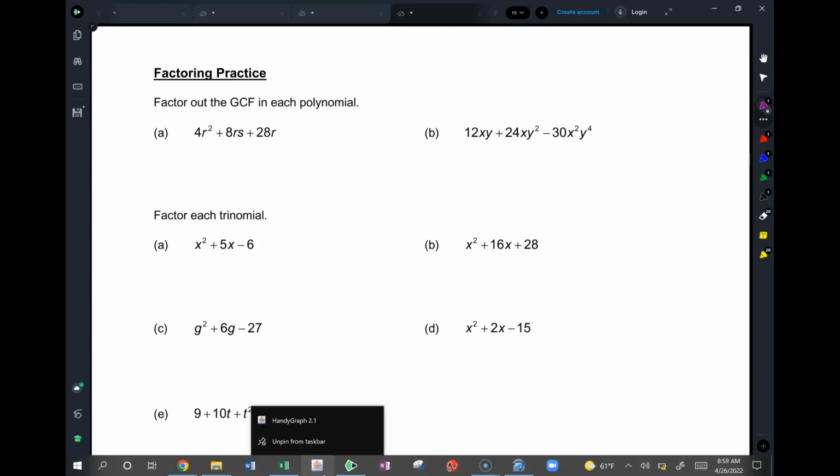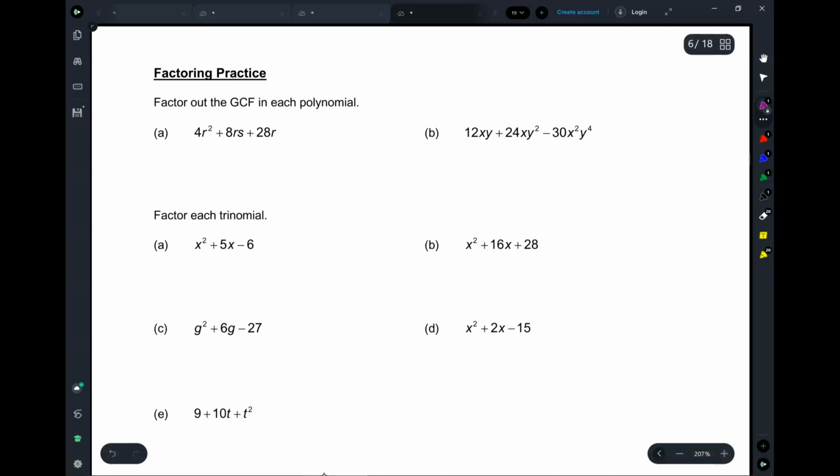Before we factor any polynomial, you first have to see if there is a common term in all 3 that you can pull out. First look at the coefficients: a 4, an 8, a 28. Is there anything common that I can divide by? 4. Then I have r squared, rs, and r.